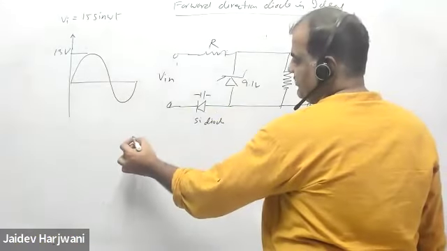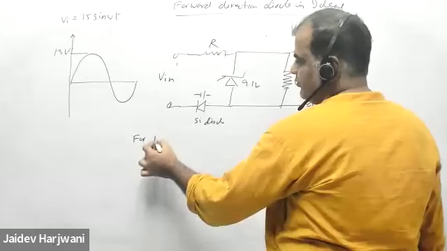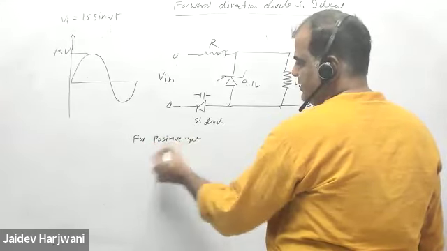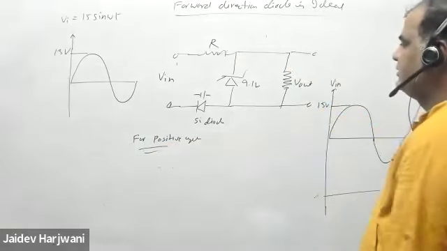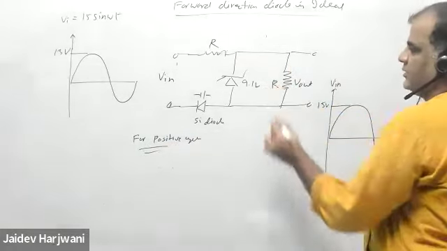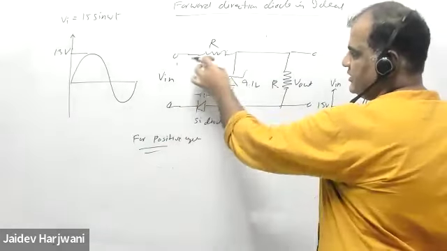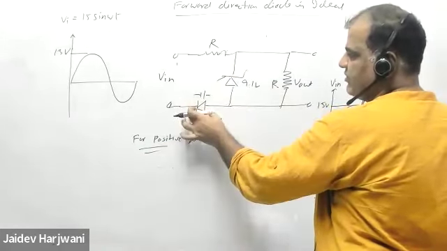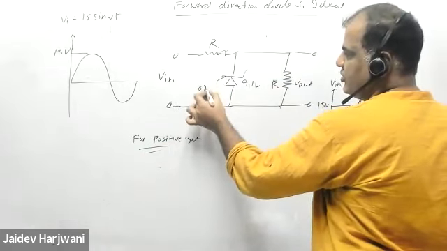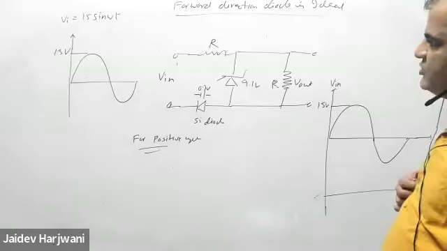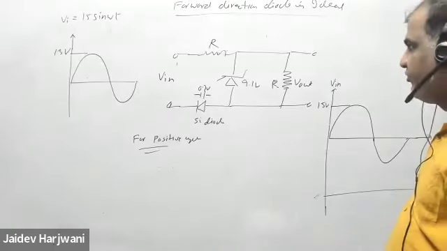So for the positive cycle, this is 9.1 and this is how much? This is forward, this is reverse bias, this is forward bias. So this requires 0.7 volt and this requires 9.1 volt. That means you require at least 9.8 volt. Yes or no?